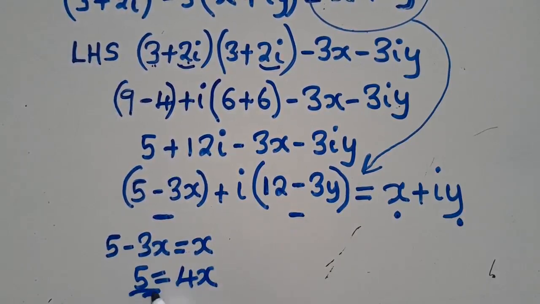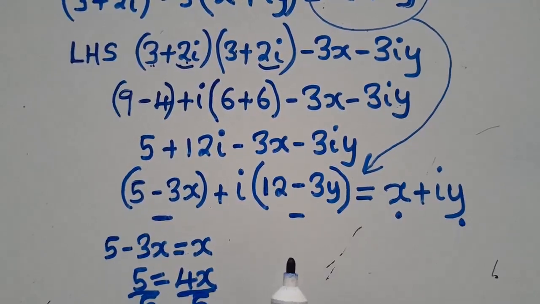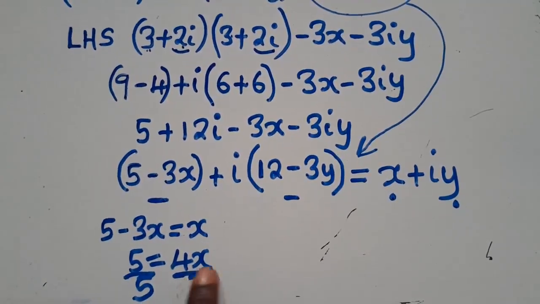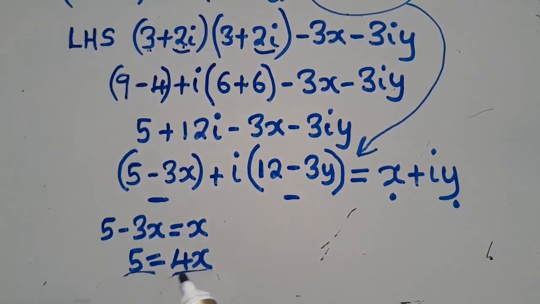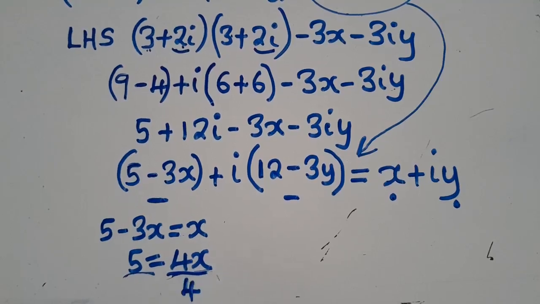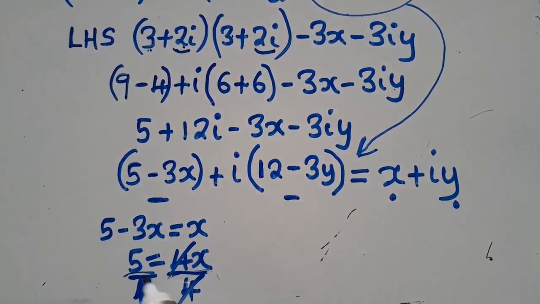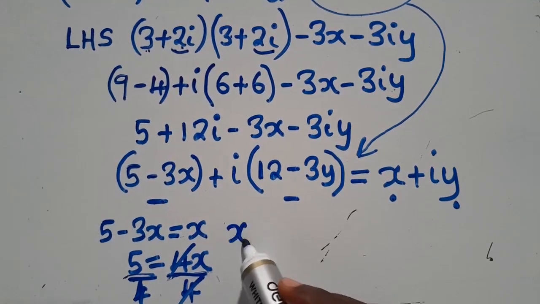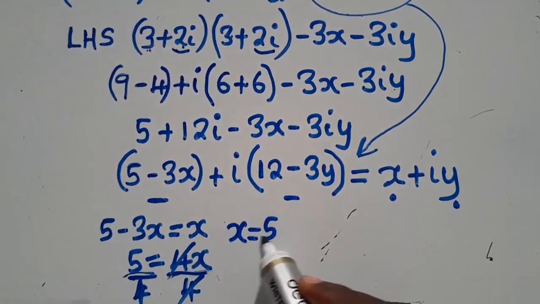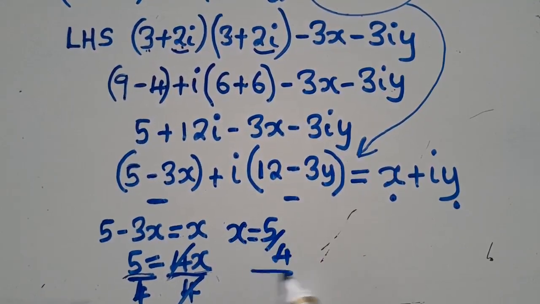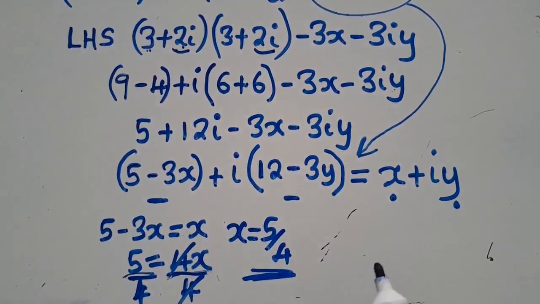You divide both sides by 4, not 5, so that we cancel out that 4. We remain with x. x is equal to 5 over 4. So we've answered the first value.